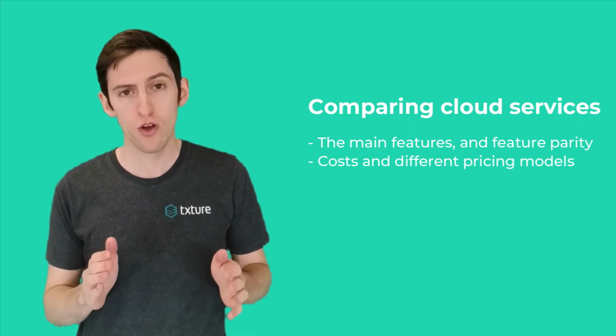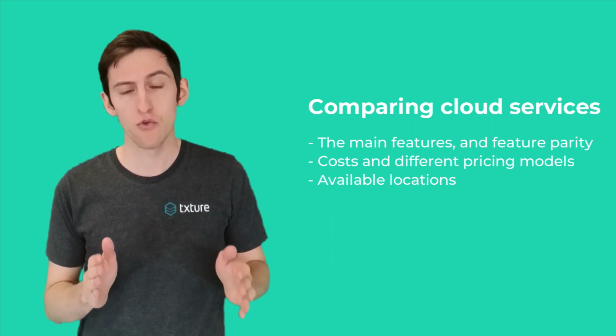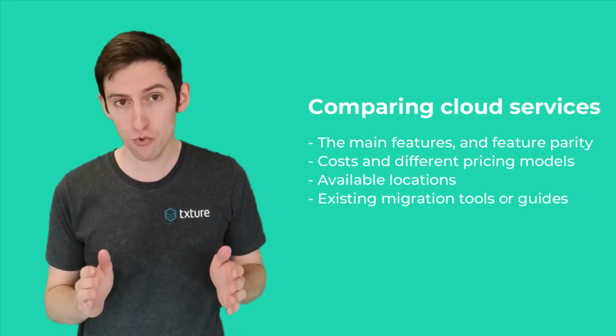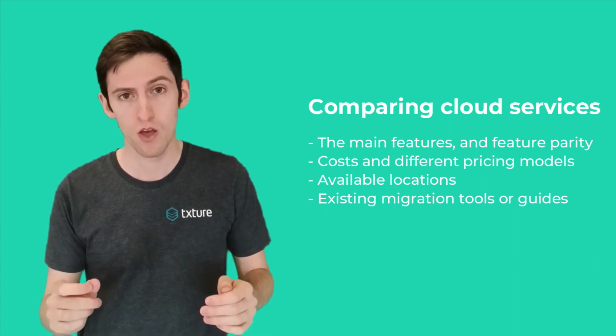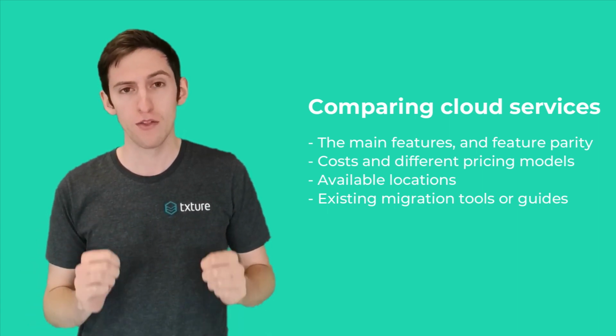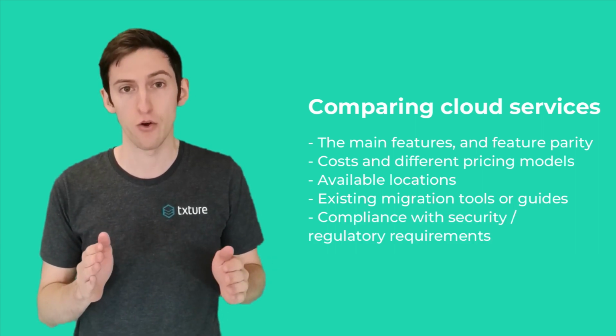Also have a look at the data center locations available. Check if the cloud offering comes with a migration tool or a migration guide to walk you through the transformation process. And finally, you should make sure that the cloud service complies with your security and regulatory requirements.